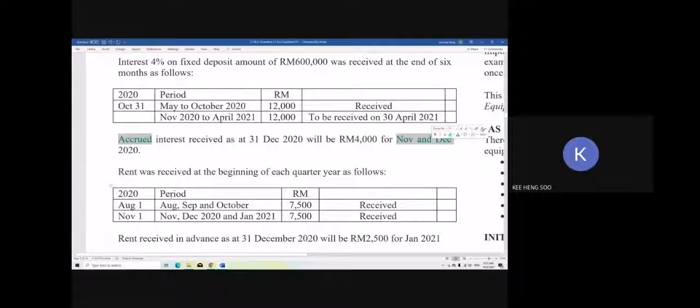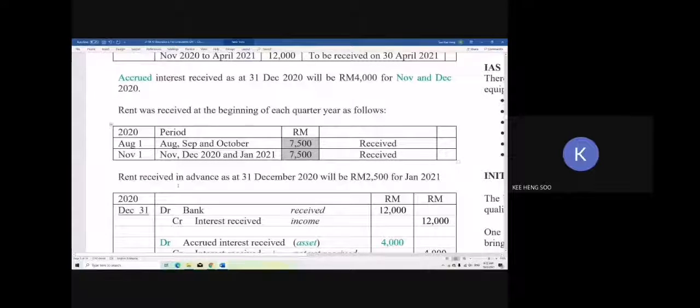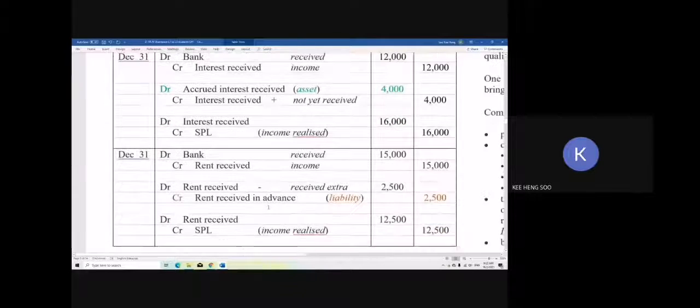This one is also each quarter; you receive 15,000, so you receive in advance. Received in advance becomes a liability. It will be for January. So I put orange color because this one becomes a liability. Same thing, I show you this journal entry.